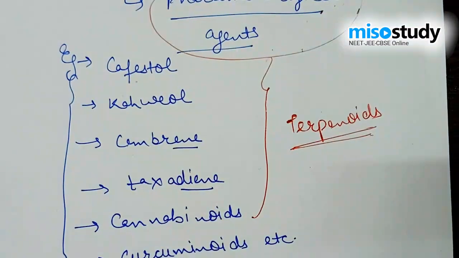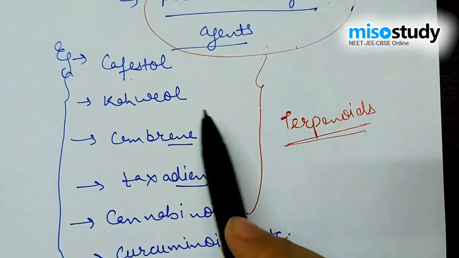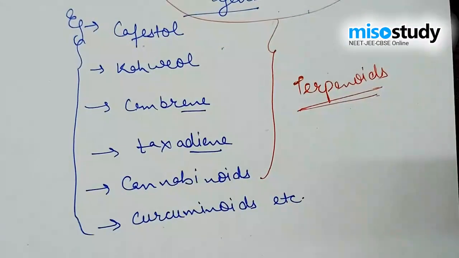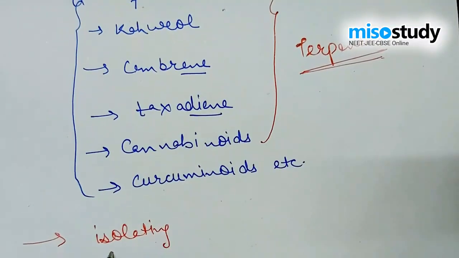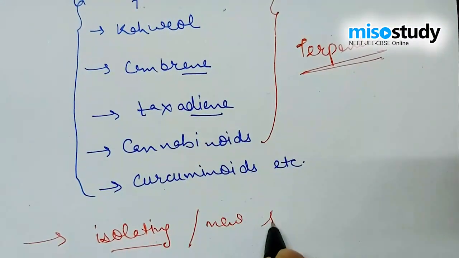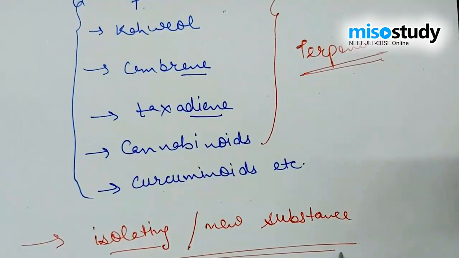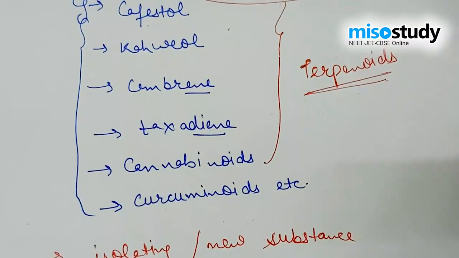So this is an important question from the NEET point of view. Terpenoids are also categorized as main compounds for isolating and categorizing new substances. So this is all about the second question from NEET biomolecules.